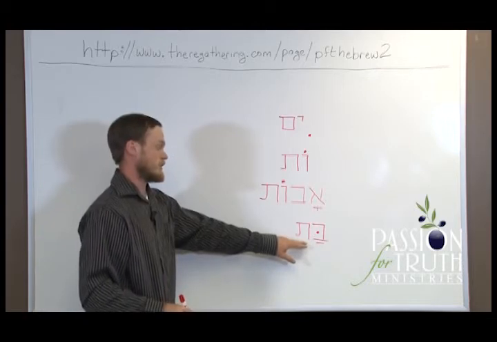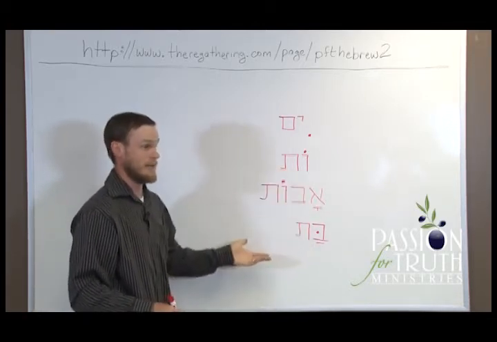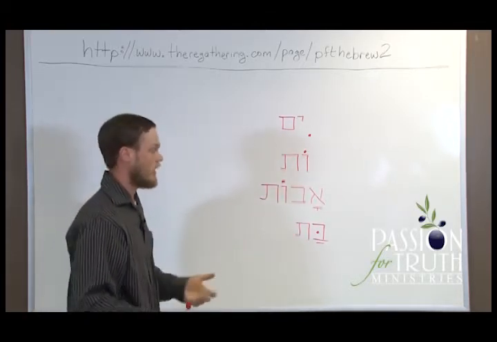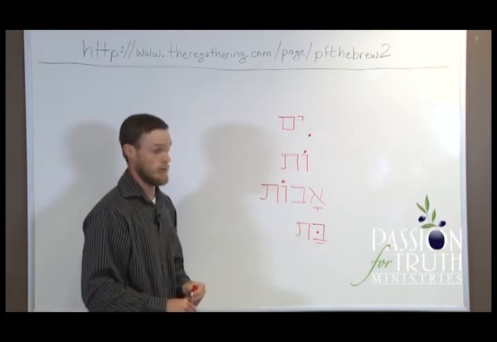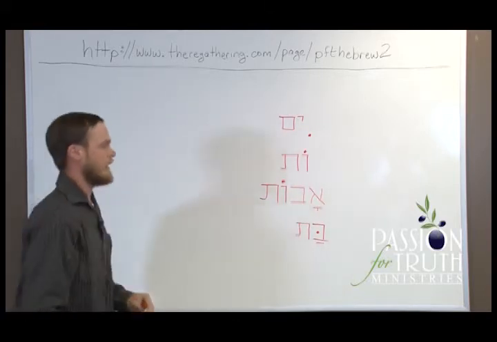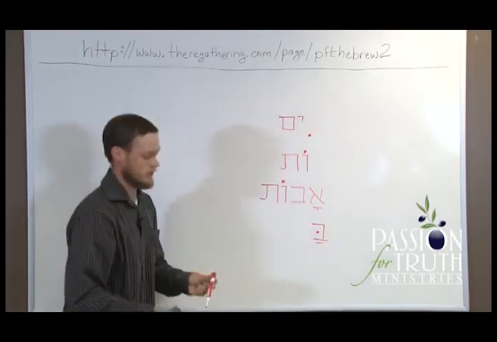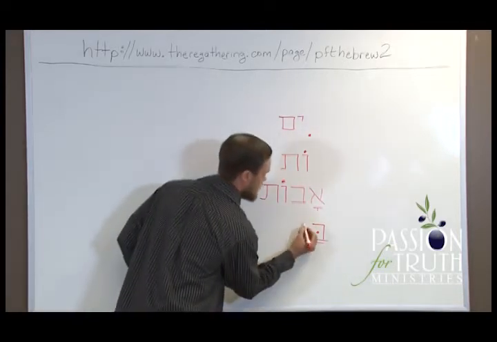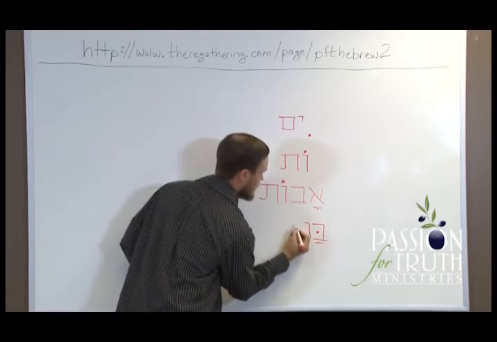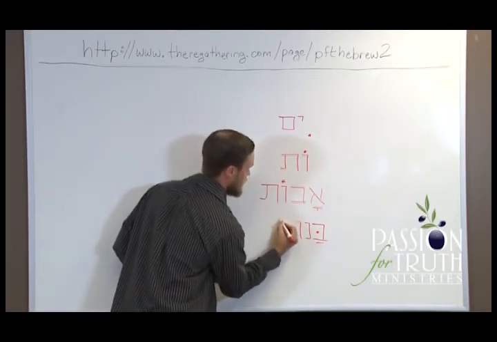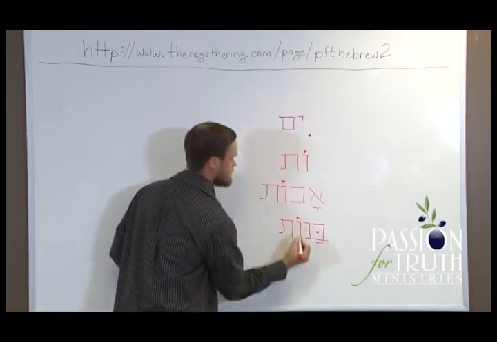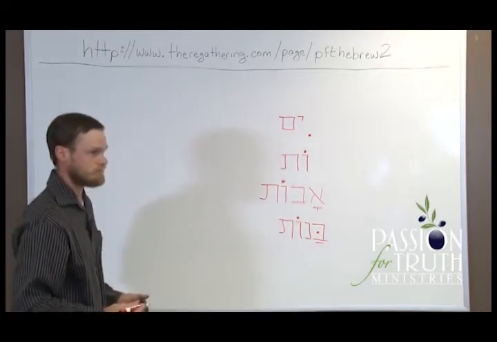To make it plural, we would expect that we simply add cholam tav to make it batot, but this is an irregular plural form. And the thing that happens to this word is that this tav disappears, and the word becomes banot, daughters. Okay?